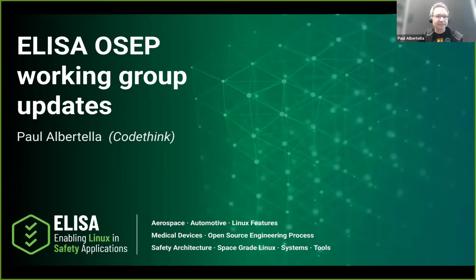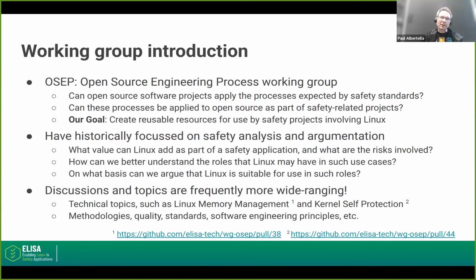There we go. So, what is the OSEP working group? It's the Open Source Engineering Process Working Group, and we're looking at two related questions. First of all, can open source software projects like the Linux project apply the kind of processes that are expected by safety standards?